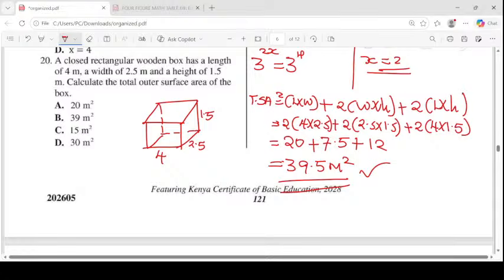But the correct answer we've seen is 39.5 square meters. So maybe we can just give option B the benefit of doubt, but we know the exact answer should be 39.5.